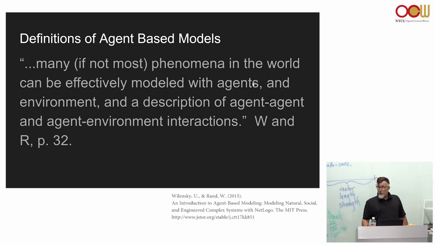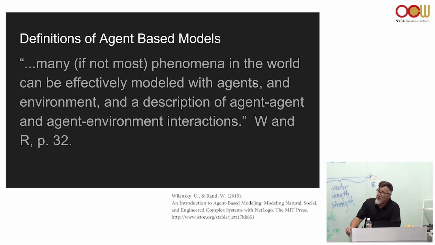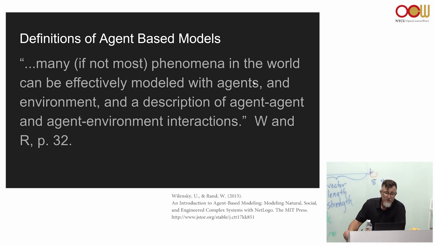So, first, defining what an agent-based model is assumes that many, if not most, of what you experience in the world can effectively be explained or modeled with agents and an environment and some description of how the agents in the world interact with each other and how those agents interact with their environment.